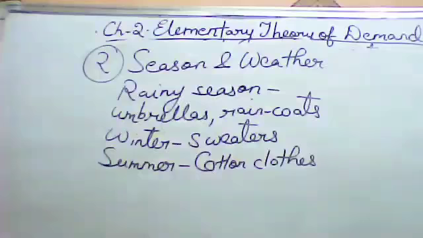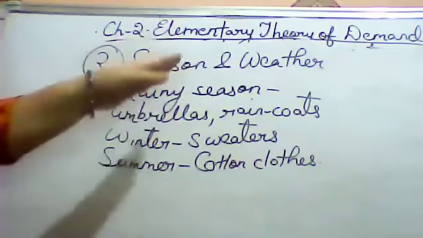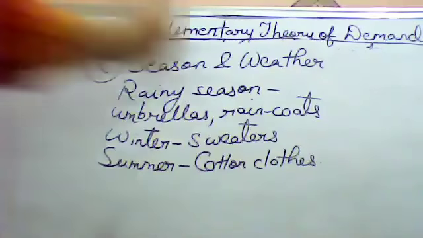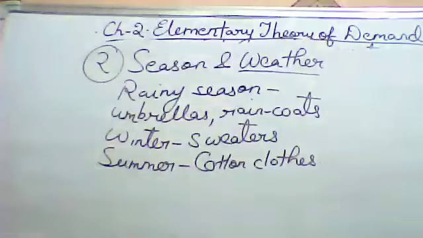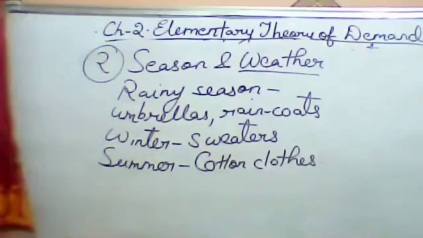So this is how season and weather affect the market demand. Now season changes in 2-3 months, but weather is also important. Suppose it becomes too hot on a particular day. Then the demand for which thing will increase? Ice cream, cold drinks, cotton clothes.